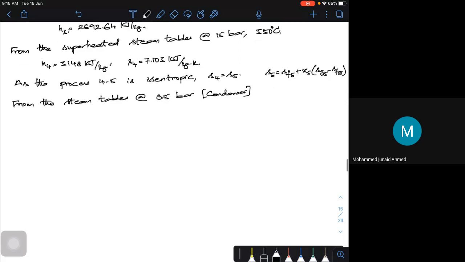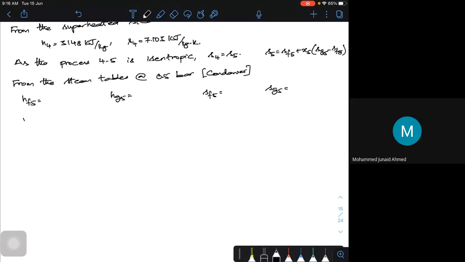You have to get all these values at 0.5 bar: HF5, HG5, SF5, SG5, then VF5 and VG5. Even though some of the terms we are taking from steam tables may not be useful for your calculations, let's make it a habit.